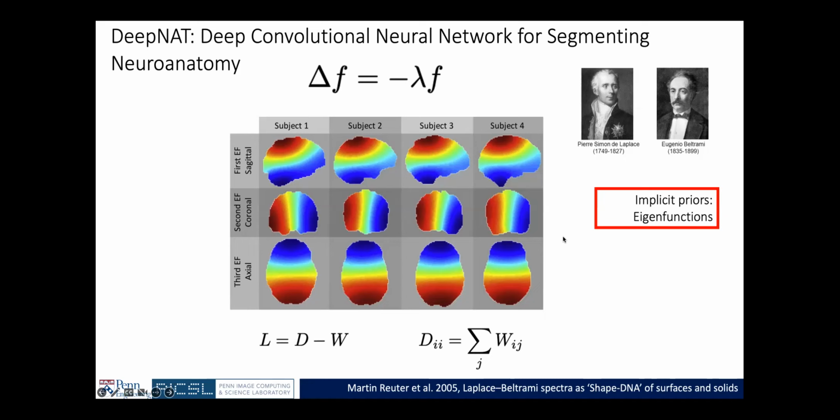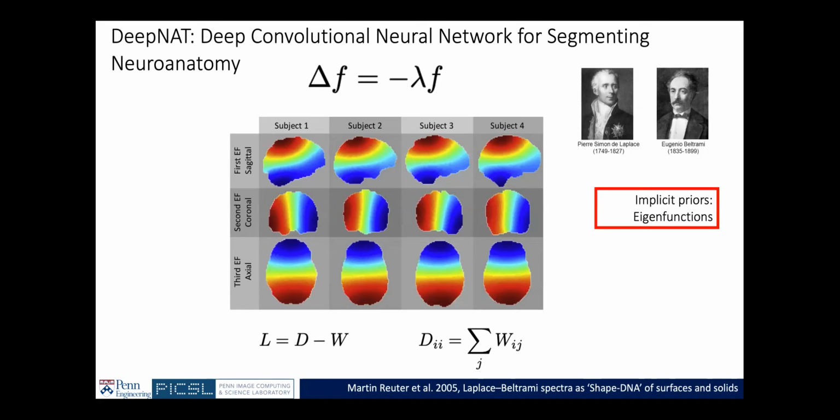Now I can take this information, and along with my input image, I can give this eigenfunction as input in a different channel, right? So I can concatenate my input image with this eigenfunction, and pass that through the network to get my segmentations.